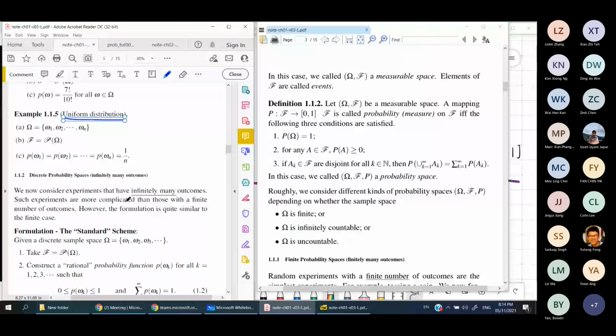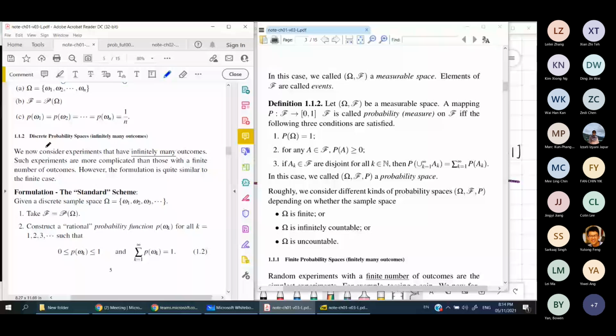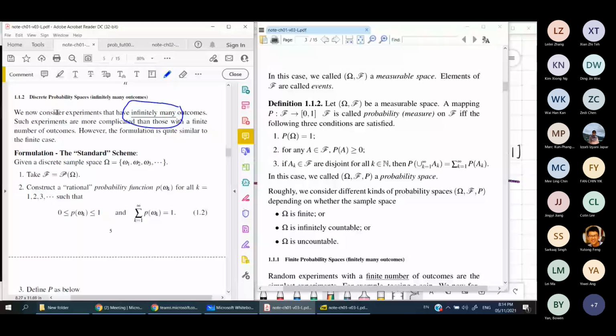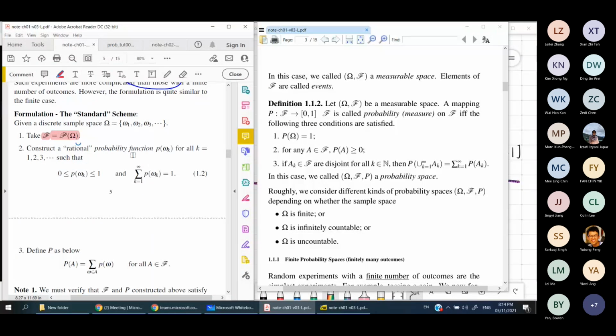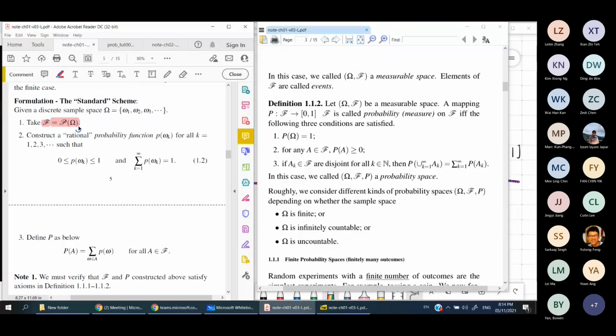This is for the infinite discrete case. Again, we have discussed this one already. We can simply take the sigma field to be the power set. That means any subset will be an event. Again, we can define a probability function like this, and then we define our P to be this one. This one is proven: the power set must be a sigma field.